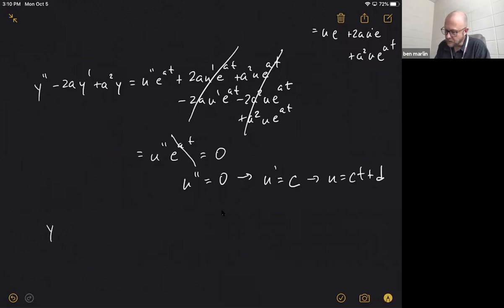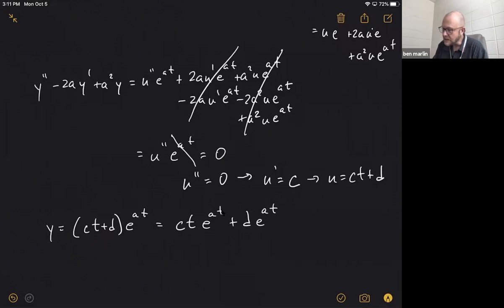And then if you substitute back in, you've got u, ct plus d, times e to the at. So you have ct e to the at plus d e to the at. That's the general solution.